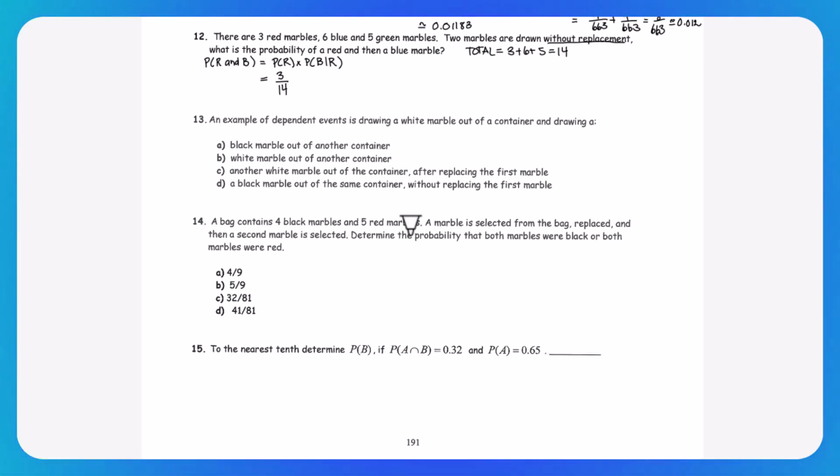Now, what about the blue? Well, the number of blue marbles hasn't changed, so the numerator is just going to be 6. But the denominator is going to change because we have taken a red marble out, and so that means we're left with 13 marbles left, and that means our probability is going to be 3 times 6, which is 18, over 14 times 13, which is 182. Now that can be reduced down as a fraction by dividing top and bottom by 2, which is 9 over 91.